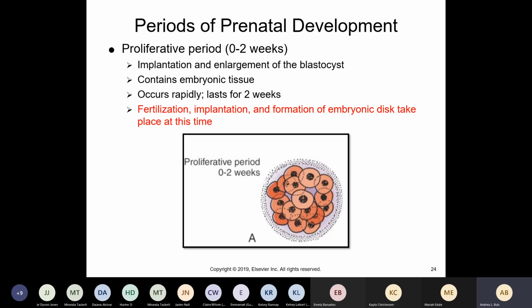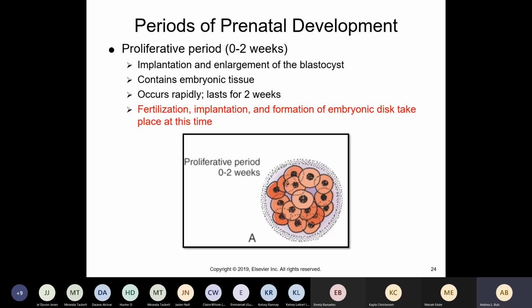So this proliferative period is 0 to 2 weeks. Implantation occurs and enlargement of this blastocyst, which looks very much like this. You can see it's just replicating lots of cells and growing, growing, growing. It's implanting, and it implants into the endometrium, or the wall of the uterus.